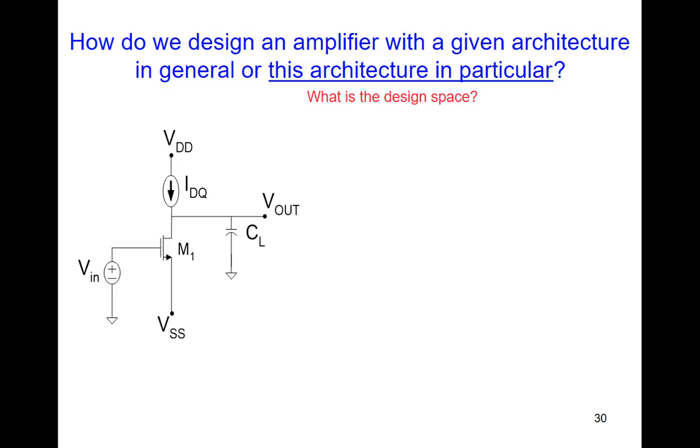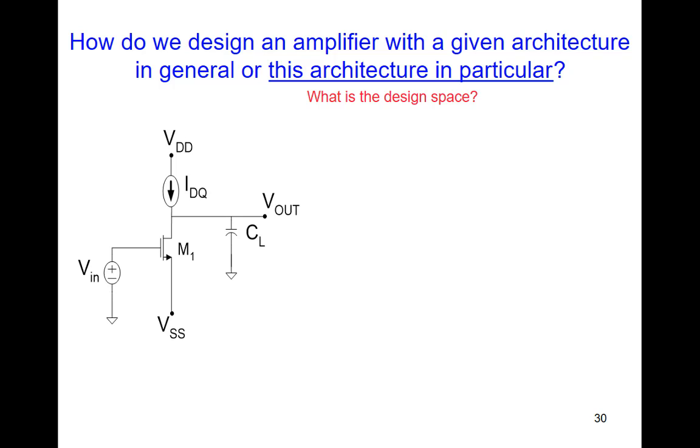So we can think of this as a two-dimensional design space. The design space is comprised of, and I can pick any two of these three as the independent variables, W over L and IDQ. Makes sense what we're doing?